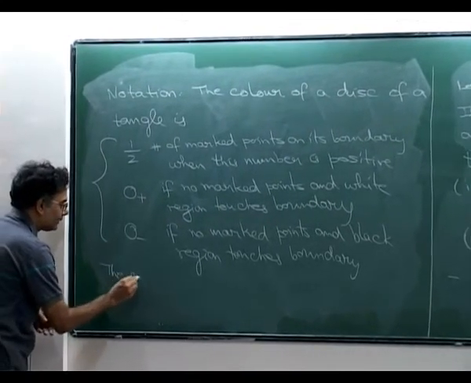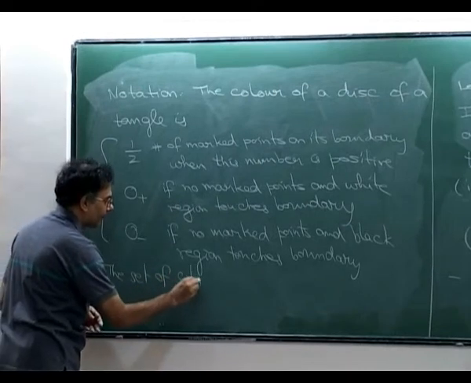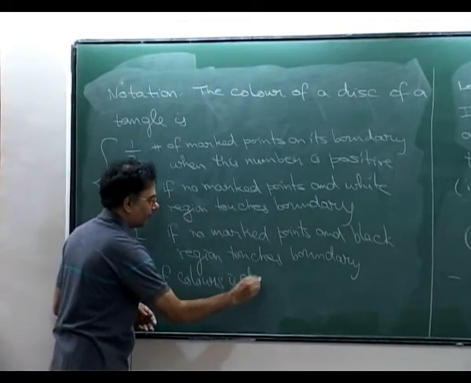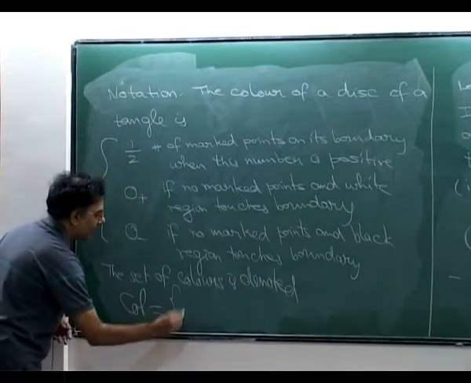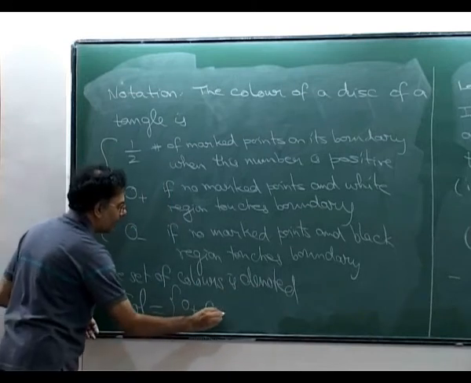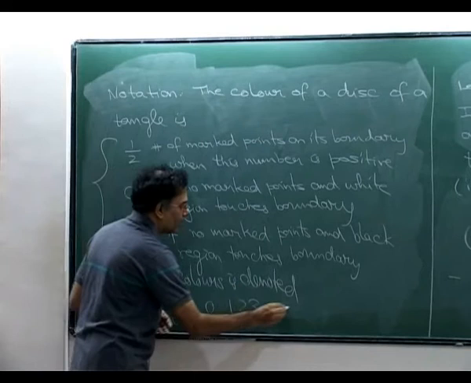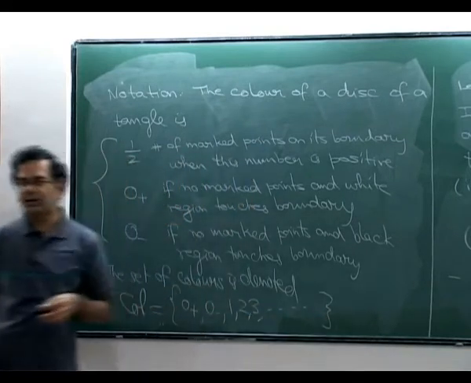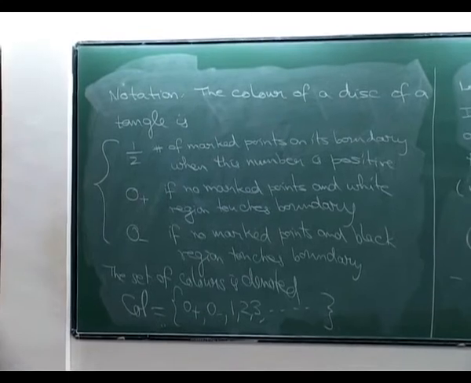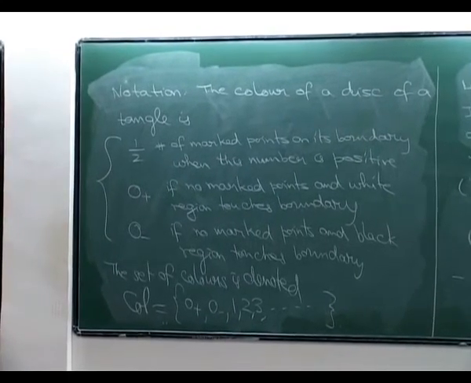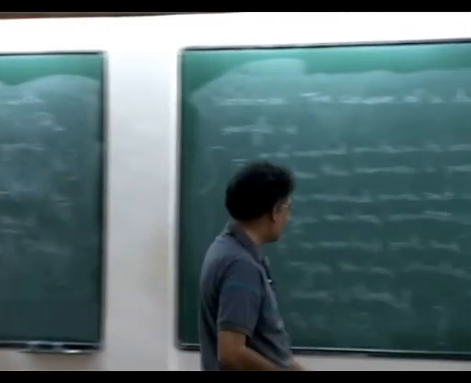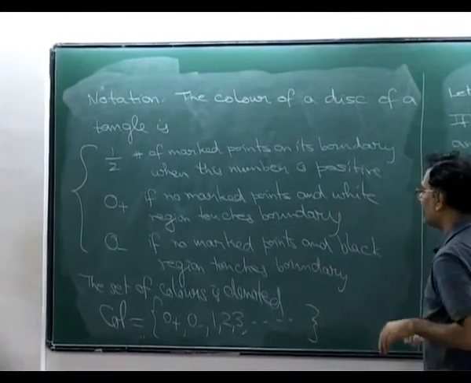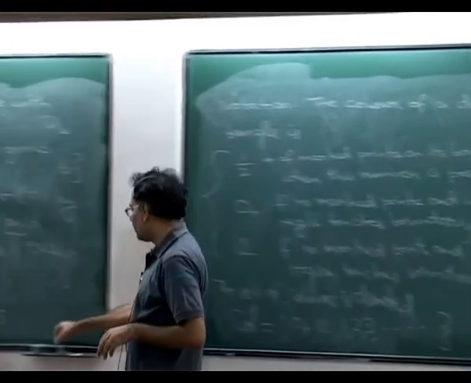The set of colors can be 0 plus, or 0 minus, or 1, 2, 3, all the natural numbers, together with 2 varieties of 0, 0 plus and 0 minus. There are no mark points and it lies in a white region or a black region respectively. Okay, so these are the colors. Now I need this definition in order to say how you substitute one tangle in another.